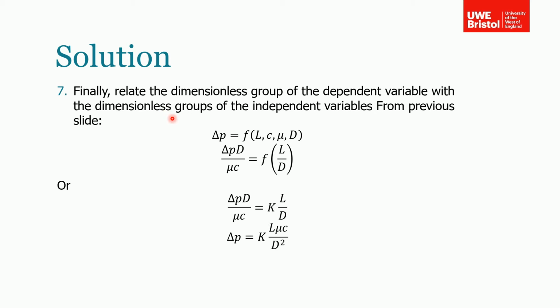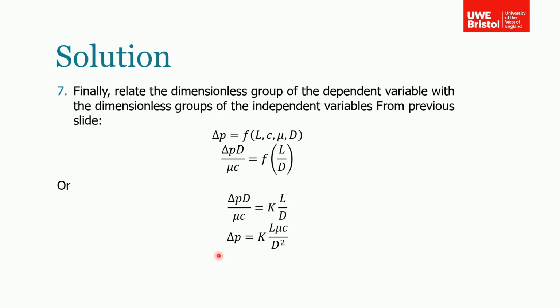So the final step is to relate our dimensionless group with a dependent variable to the dimensionless group of the independent variables. So this is our first dimensionless group that we got that had a dependent variable in, and it's a function of our dimensionless group of independent variables, which is L over D. So writing this out, we times in by a constant, so some function, and we can also multiply up from the left hand side.